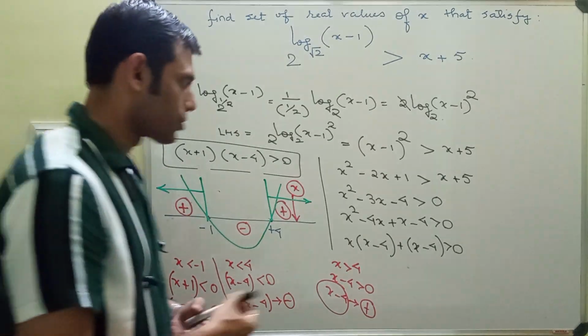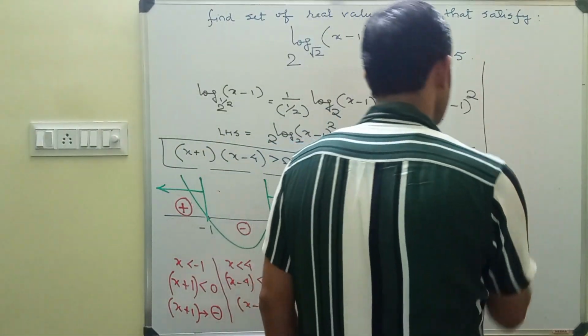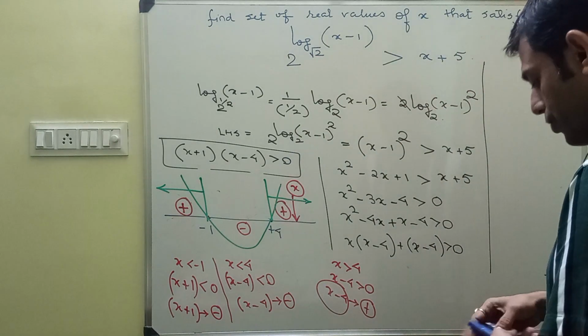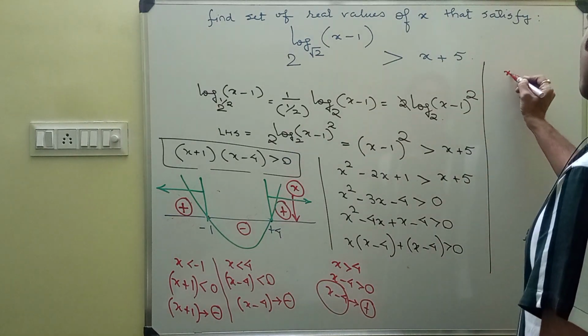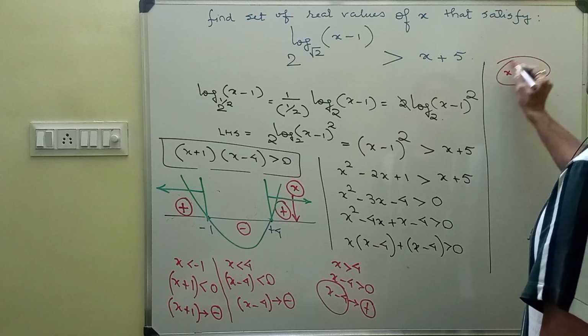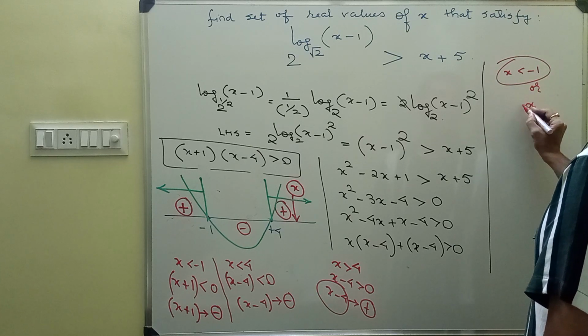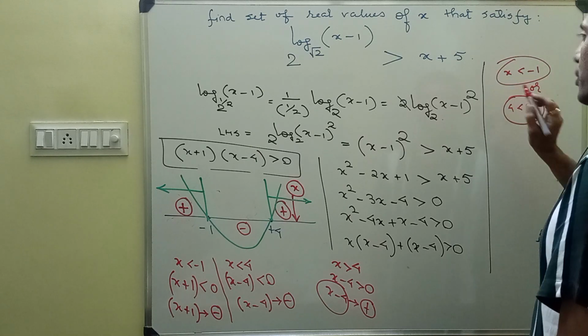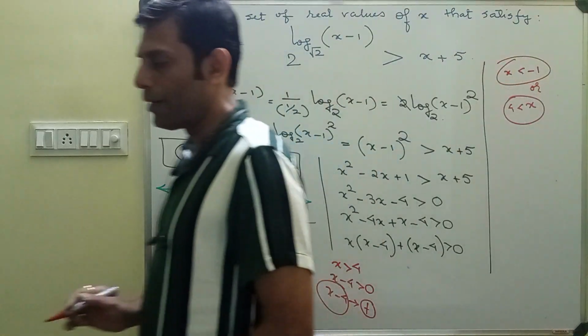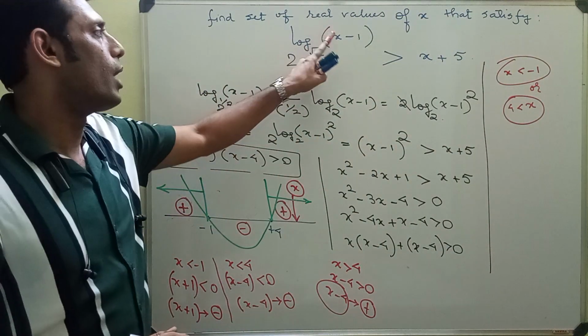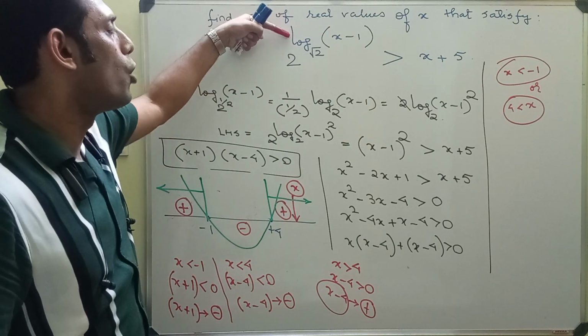Now let's consider this solution. You got a solution as x less than minus 1 or x greater than 4. Consider this. You have x minus 1 as a number on which log operates.